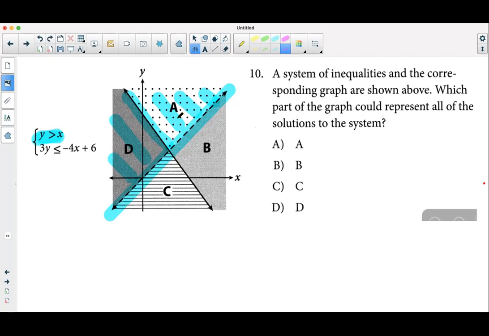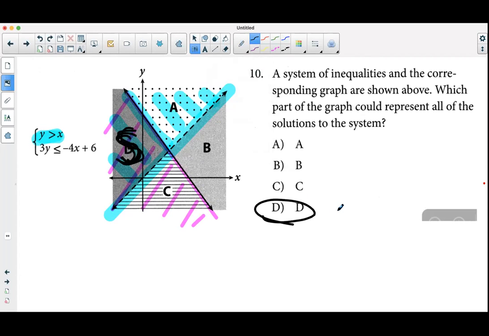Now, next. Then this one must be this line. But look at this one, guys. y is less. So since y is less, we're looking at this area. That means where is my solution? Obviously, my solution now is in this section, right? Which is choice D. That's what we can do. How about that, guys?